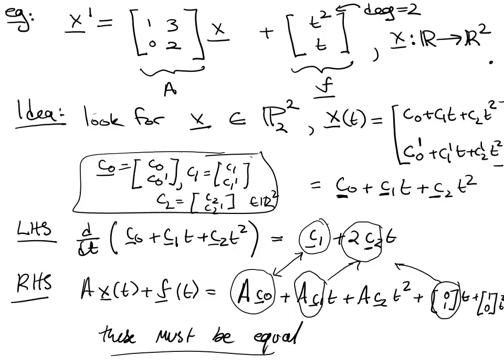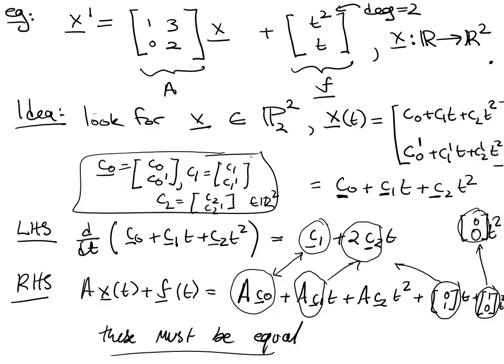And the coefficient of t squared, which in the bottom is the vector 1, 0, has to equal the coefficient of t squared here, which is the 0 vector, right? So actually, this equation of polynomials, but now polynomials with vector coefficients, by comparing terms, gets me three equations which equate the coefficients of 1, t, and t squared on both sides.